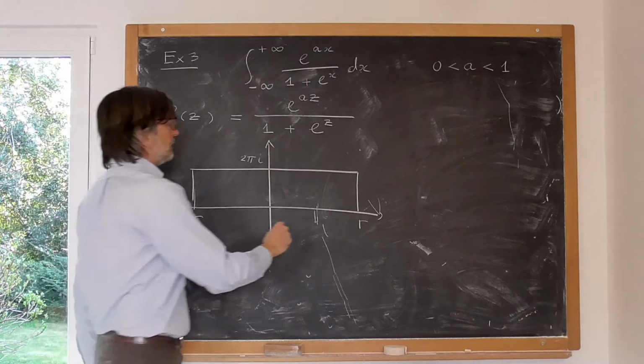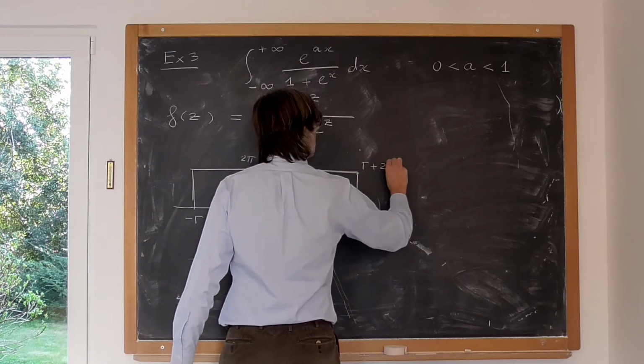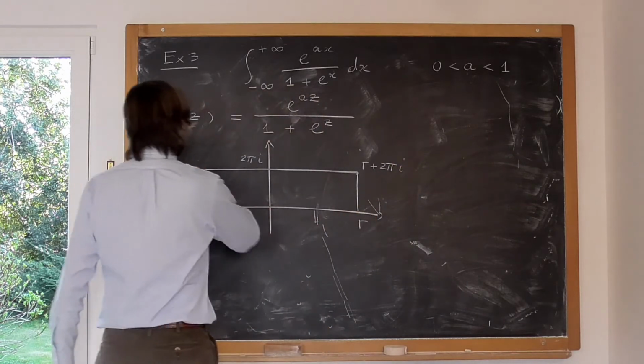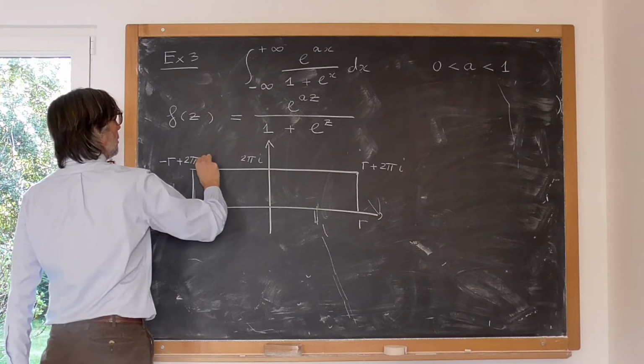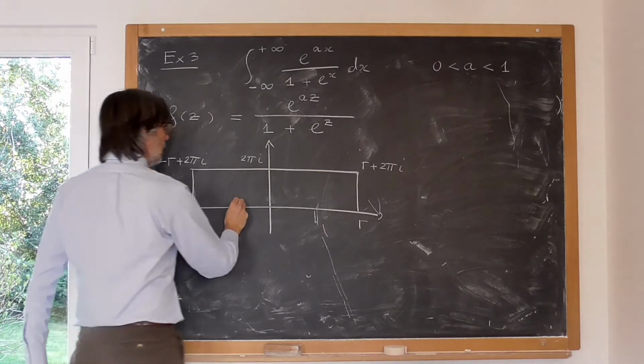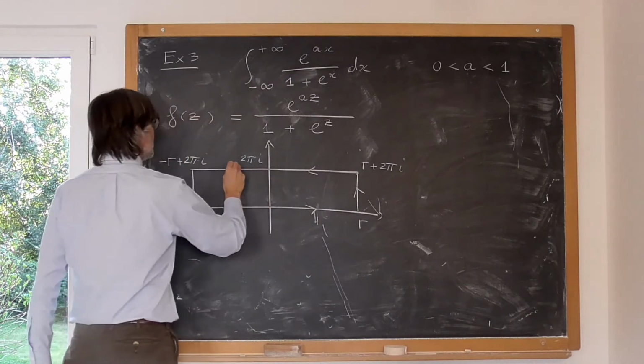Okay, meaning that this point here is now r plus 2 pi, and this will be minus r plus 2 pi. And as usual, we orient everything counterclockwise.